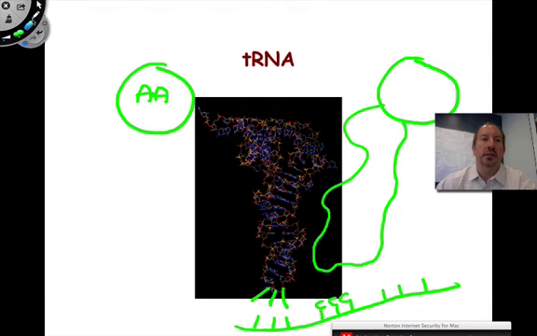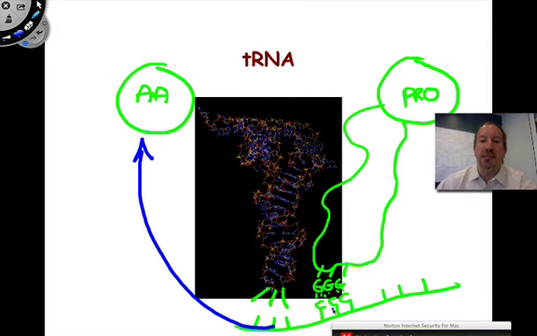It's the amino acid proline. And so proline is going to attach. And so the anticodon that will allow transfer RNA to attach happens to be the opposite or complementary to CCC, which is GGG. Most important thing, I'm going to emphasize this right now, it's the codon that determines the amino acid. It's the codon that determines the amino acid.